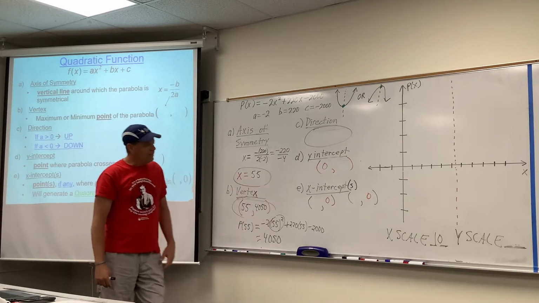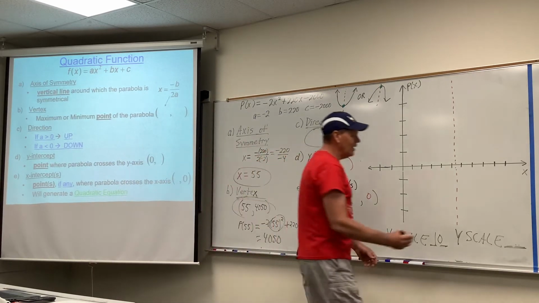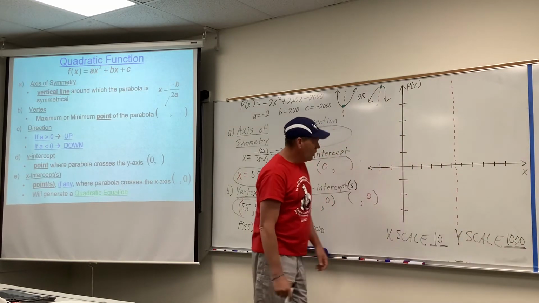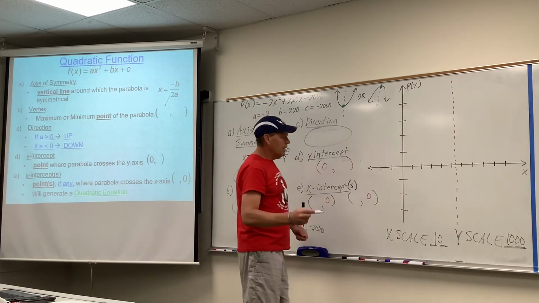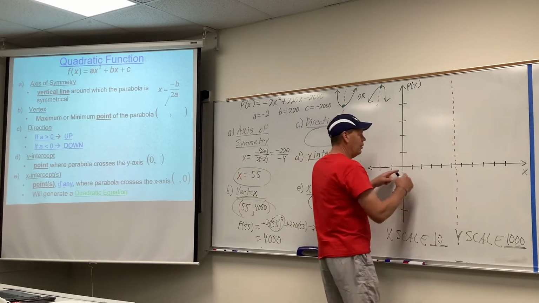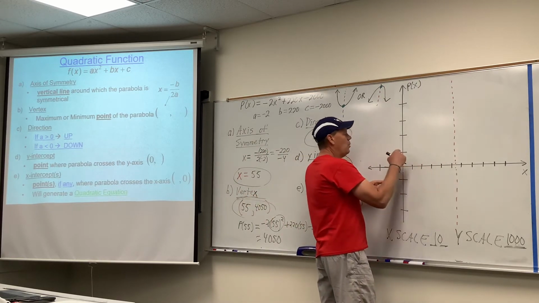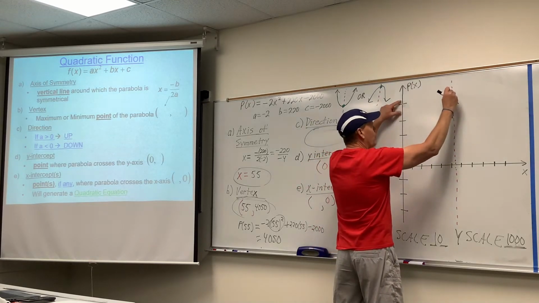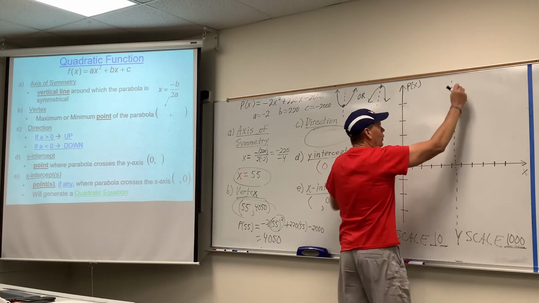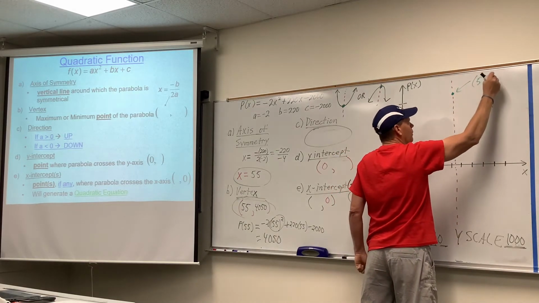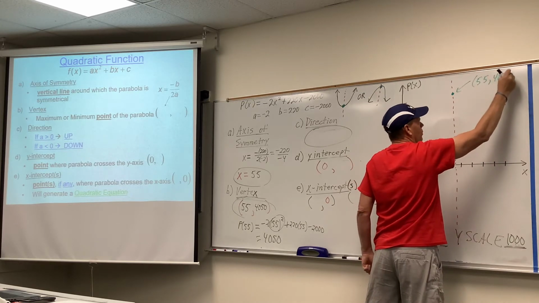So looking at that, I was thinking that the y scale would be nice to use 1,000, right? Okay, so let's see. The ordered pair, 55, 4050. Here's 55 we've already found. 1,000, 2,000, 3,000, 4,000. So that would be a shade above 4,000. And just for the record, I'm going to label the fact that that's the ordered pair 55, 4050.